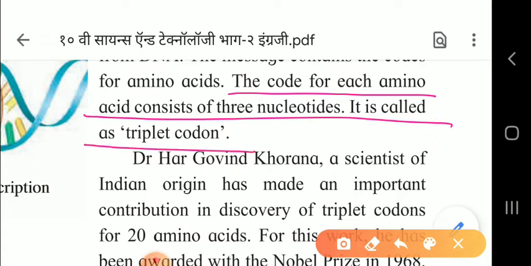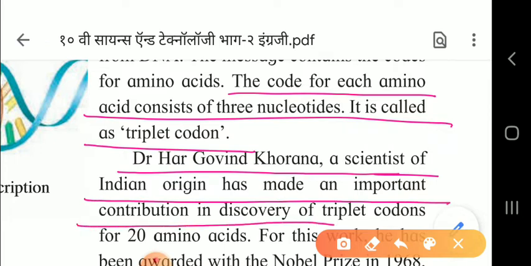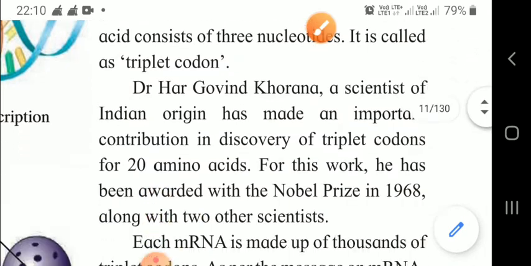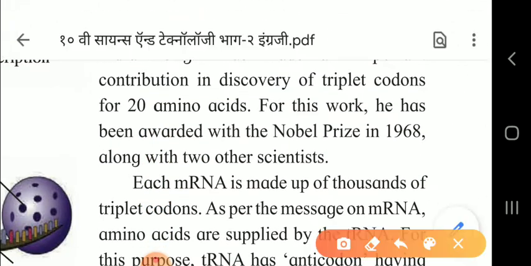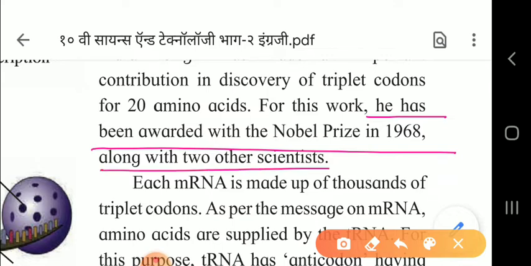Now, Dr. Hargobind Khorana was a scientist of Indian origin. He made an important contribution on the triplet codons for 20 amino acids. So this also you have to keep in mind. He was awarded the Nobel Prize in 1968 along with 2 other scientists.